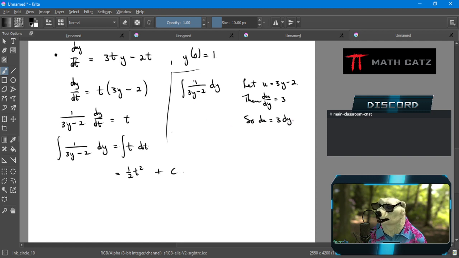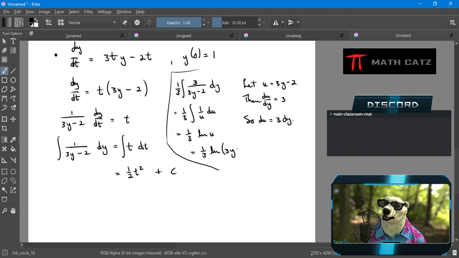So that means I need to see a 3 there, and I pay the price. Then I have the 1 over u. 3 dy is the same as du, and I know that is 1/3 natural log of u. I ignore the constants right now. I go back and say 1/3 log of 3y minus 2.